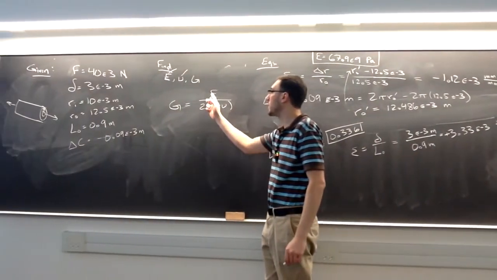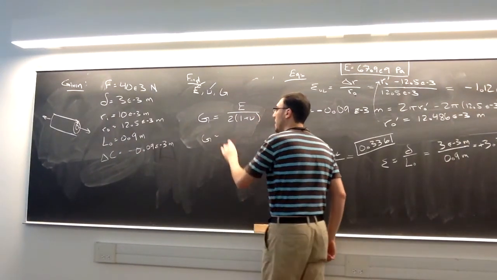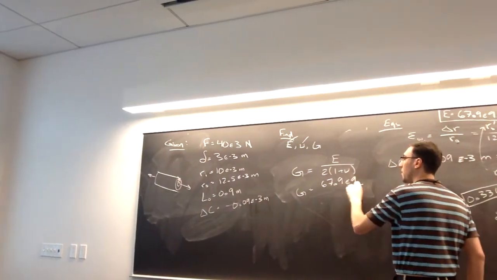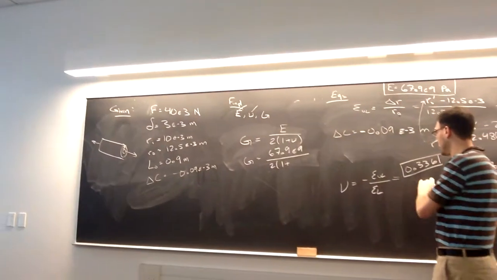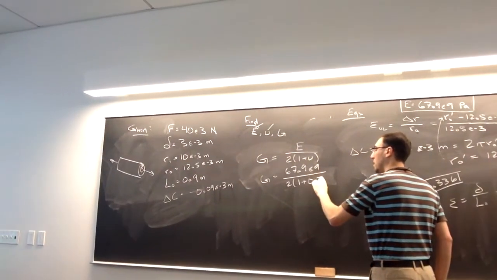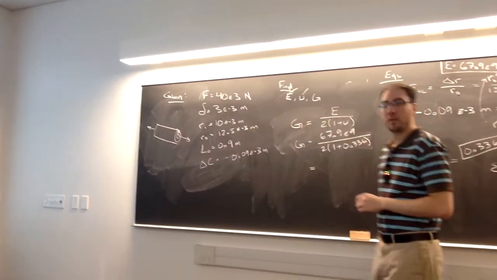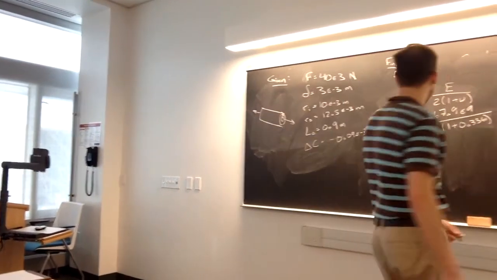But because we know these two things, we can figure out the shear modulus this way. Because we did the first two steps, we now have all the information we need to solve for the shear modulus. We get a shear modulus of 25.4 gigapascals.